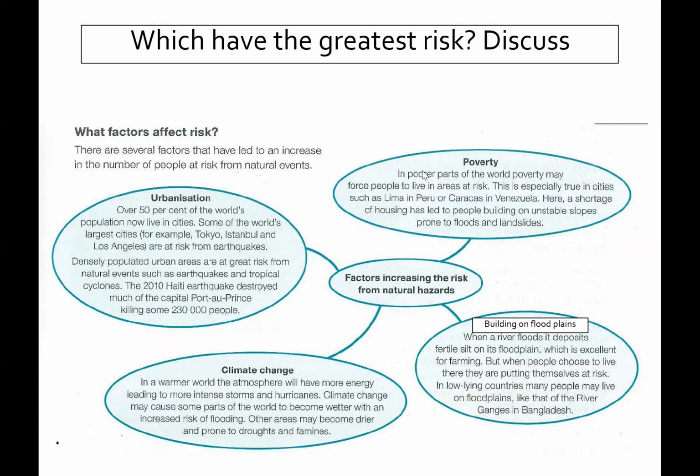Is it because of poverty, so poor people who don't have a choice, they can't leave, they can't relocate, they can't deal with the hazard when it happens? Or is it because we're building in risky areas, that we're building on floodplains? So whichever one you decide, I want you to explain your reasoning for it.